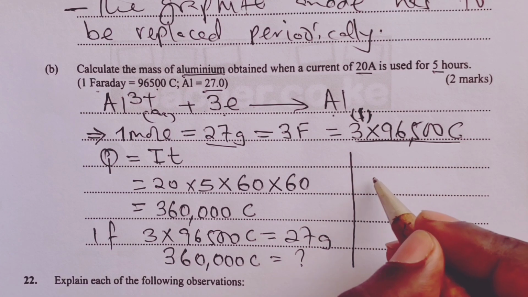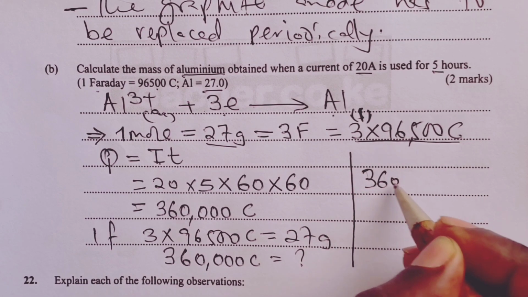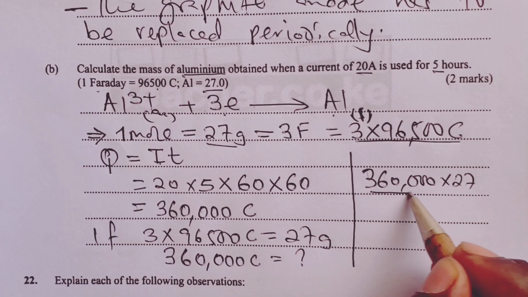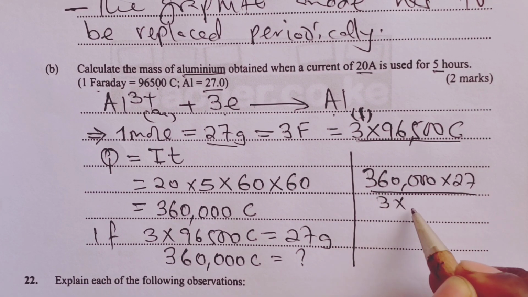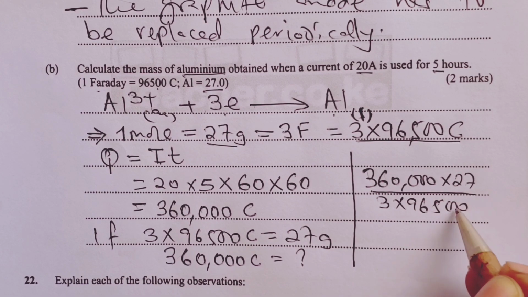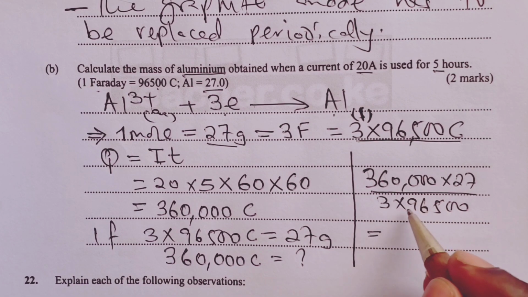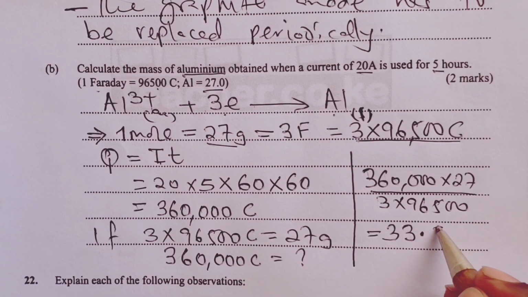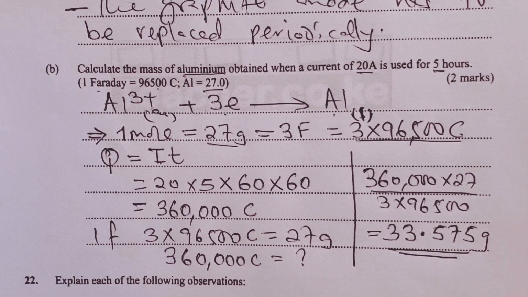Cross multiplication would give 360,000 times 27, divided by 3 times 96,500. This is supposed to give us only 33.75 grams of aluminium in 5 hours.